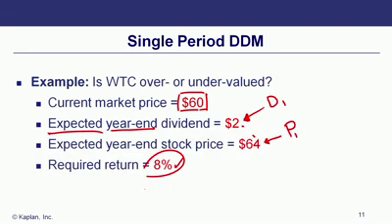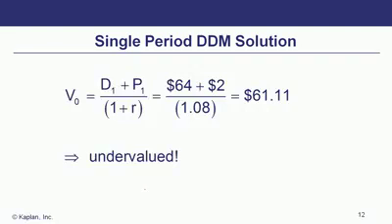So throughout this reading, there are quite a lot of really nice examples. Clearly, feel free to pause at any point, have a go at the calc before we reveal the answer. But let's move on and have a look. We've got P1 of 64, D1 of $2. That means $66 received in a year's time.